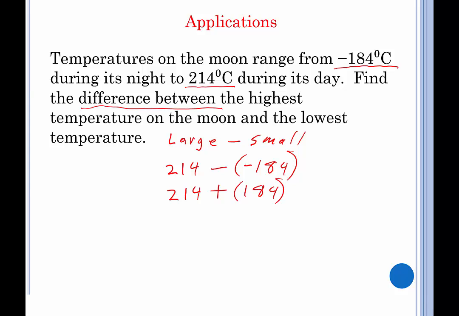And again, we're adding, the signs are the same, so we add and keep the sign. 398 degrees Celsius difference between the night and day on the moon.